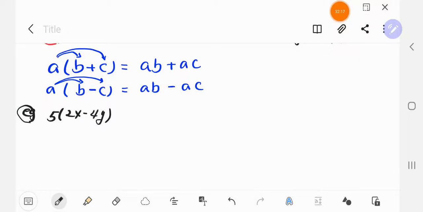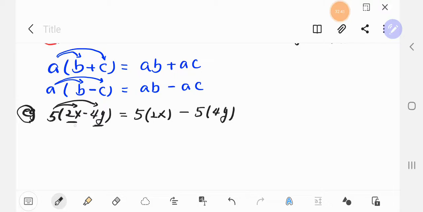Okay, let's simplify this expression by using the distributive property. What we're going to do is multiply this 2x by 5, right? So 5 times 2x. Then you have the minus sign, so put the minus sign, and then multiply 5 by 4y. So you have 2x and 4y.